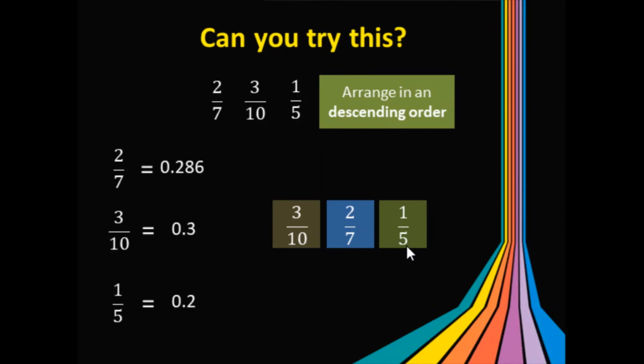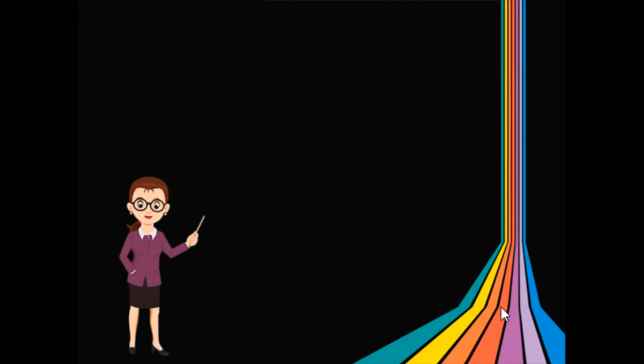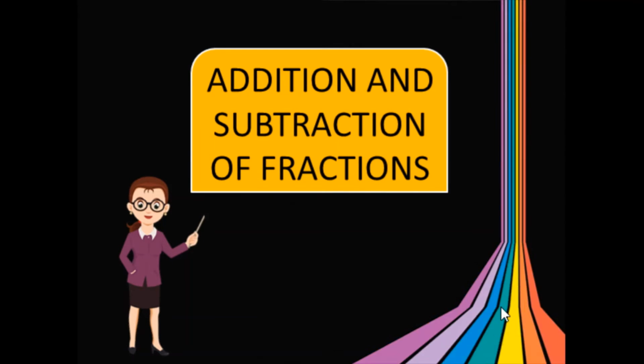This is how we arrange or order fractions, either by finding or changing to equivalent fractions and changing the fractions into decimal numbers. Okay, so take note. Always remember the things I've taught you before, because we are going to apply it on our next lessons.